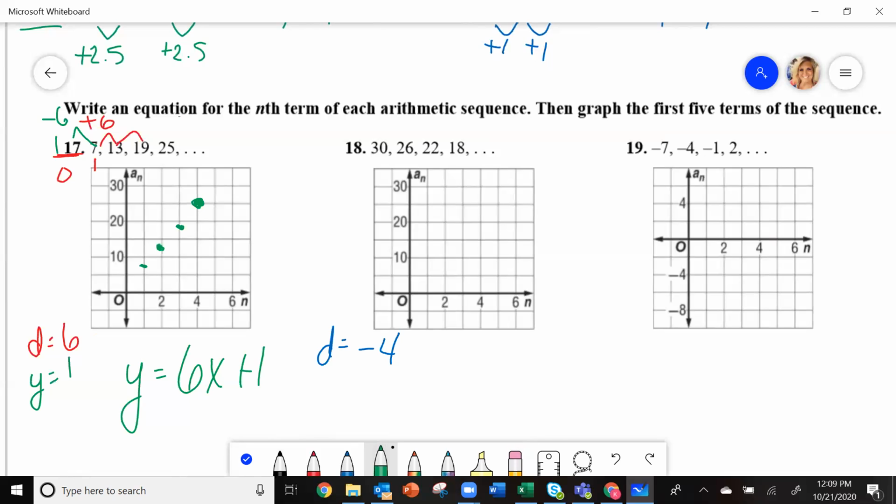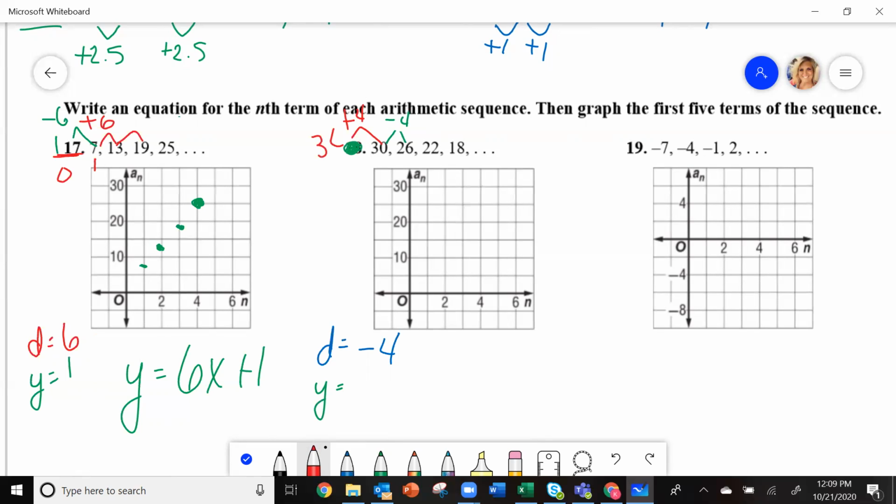To find my y-intercept, I have to go back to the original. I need to go back to the number before 30. So instead of going down 4, we're going to go backwards and we need to go up 4.